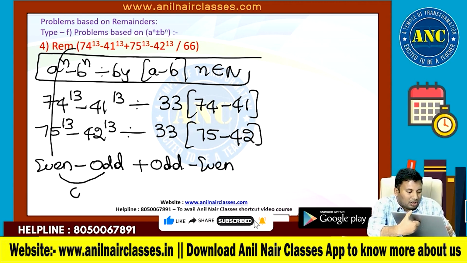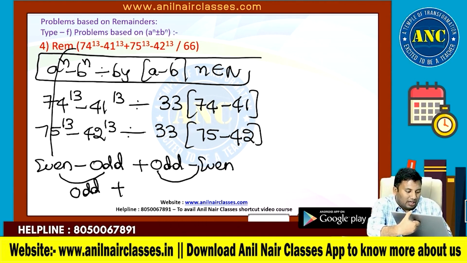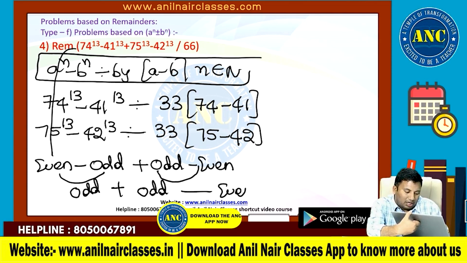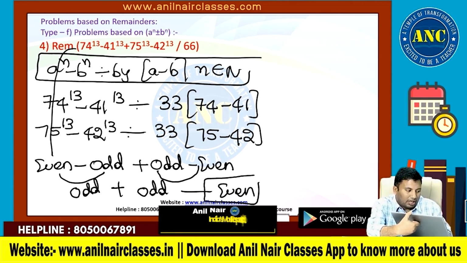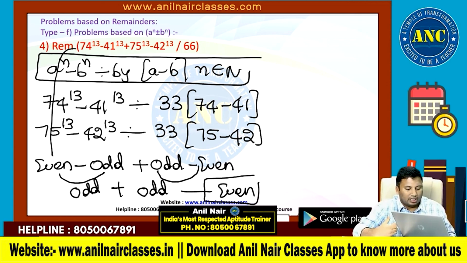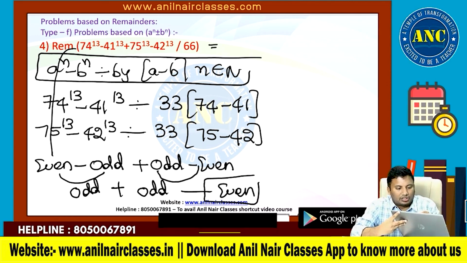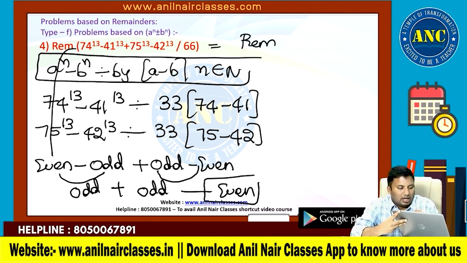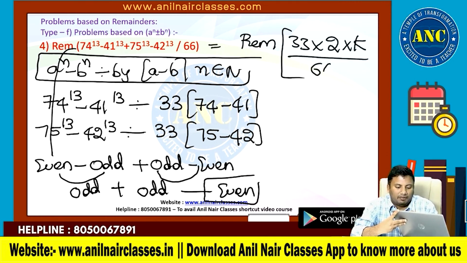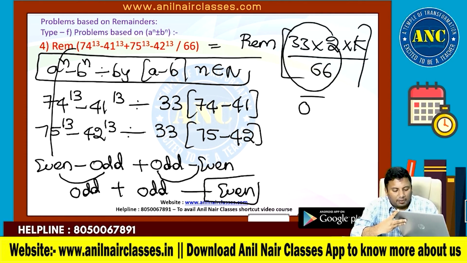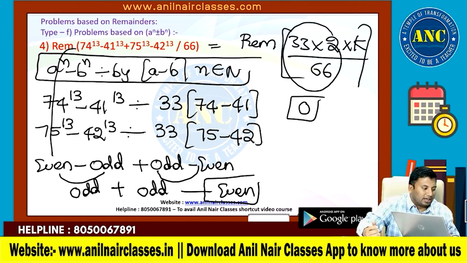Even minus odd is an odd number. Odd minus even is an odd number. Odd plus odd is an even number. That means the numerator is divisible by 33 and an even number into something, so it is divisible by 66. 66 divided by 66, the remainder is 0.